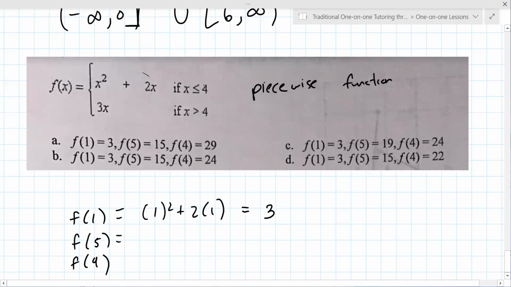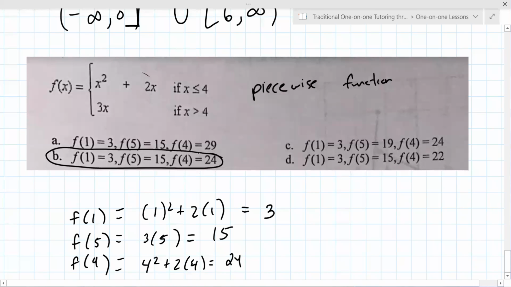Then you ask yourself, is 5 less than or equal to 4? No, 5 is not less than or equal to 4. Then you say, okay, well, hopefully 5 is greater than 4. It is, so it's 3 times 5, which is 15. And then 4, is 4 less than or equal to 4? Yes. So it's 4 squared plus 2 times 4, which is 24. And then you just match up the one that matches.